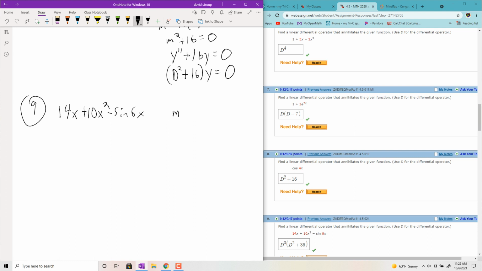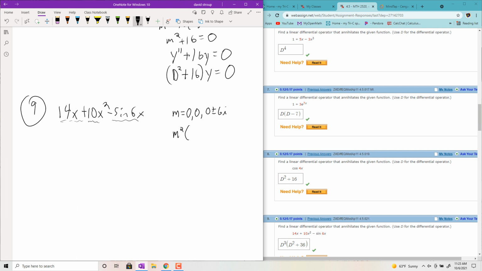This part is from a repeated root of 0, so 0, 0, and then this part is from the roots 0 plus or minus 6i. So you can then back engineer. You can say it must have been m squared times m squared plus 36.